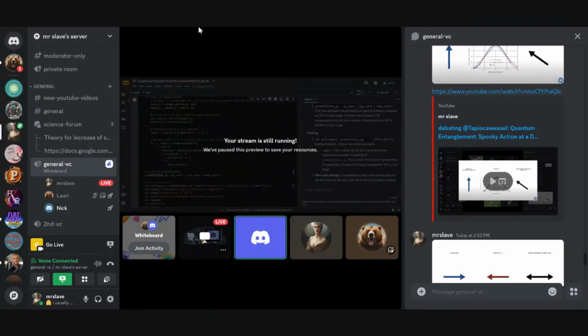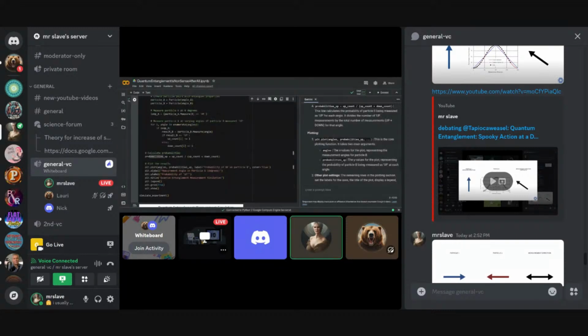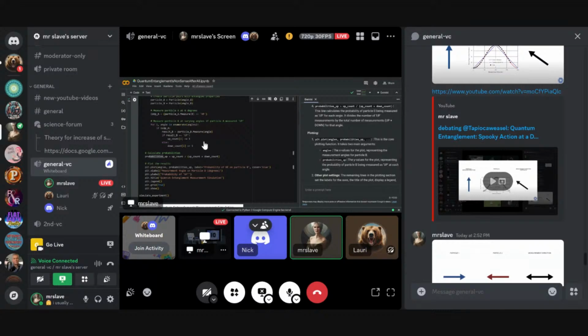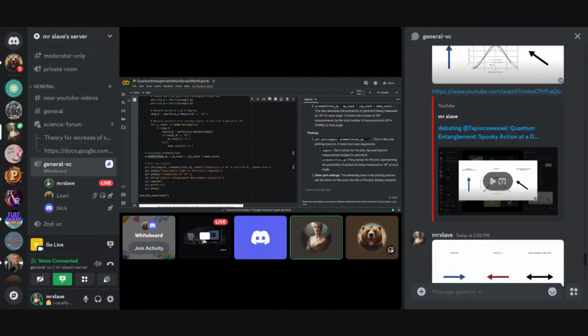Okay, so probability of up of particle A, right? Or of the magnet. No, this is B. What we're saying up count is B. Okay. How many times did B point up for 0 degrees over 10,000 iterations?